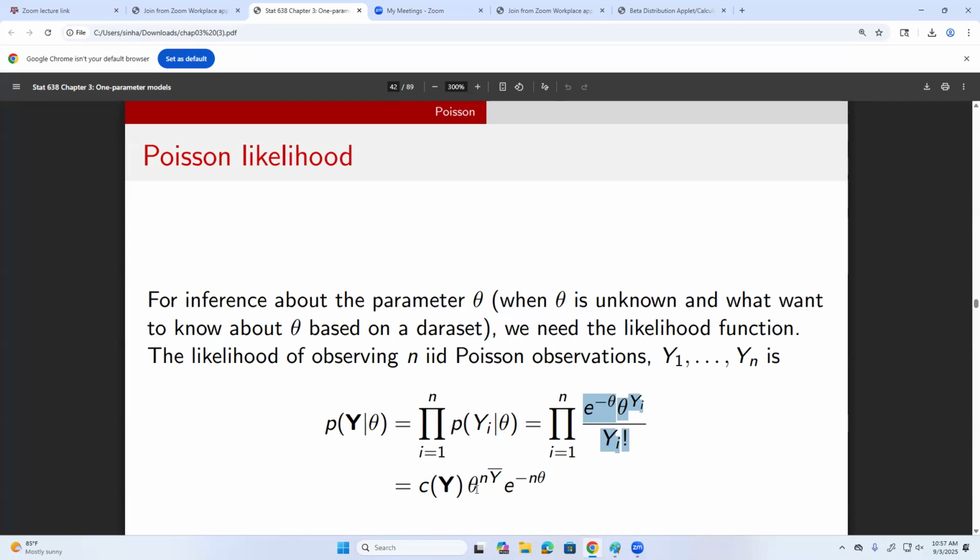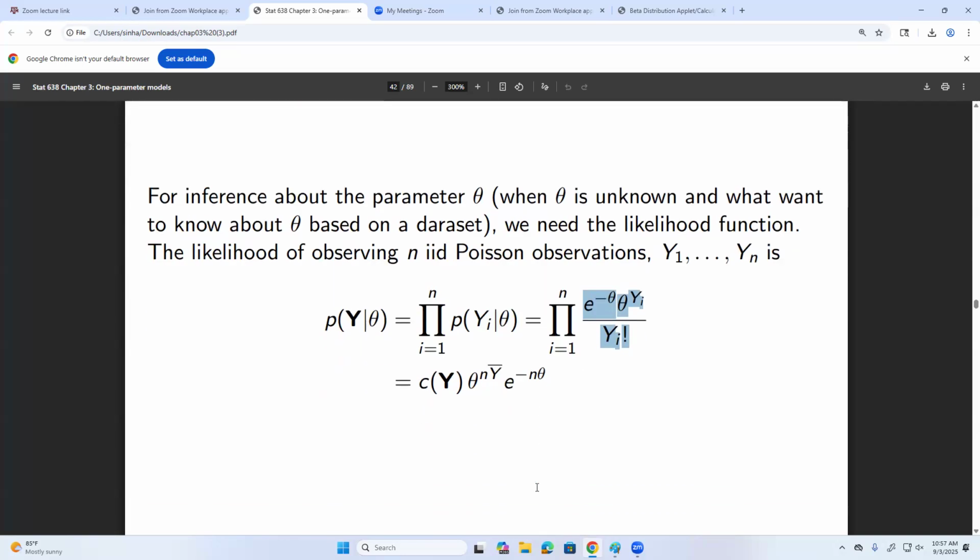Taking the product and putting all terms together, I can write theta to the power n times y bar. What is y bar? Y bar is the average of y1, y2, up to yn, and e to the power minus n theta. And there is a term involving purely the data. That term I call cy. It does not involve theta.